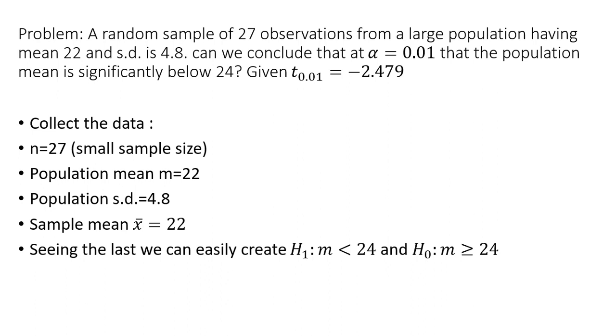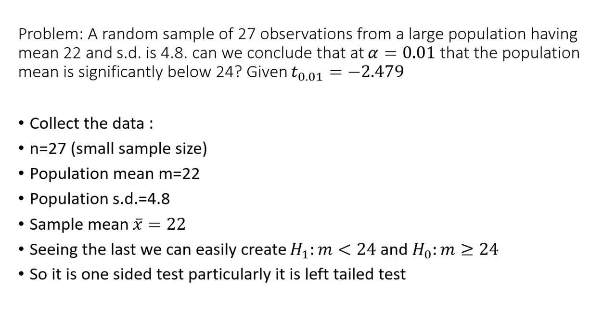So in this way, students are advised to fix the H1 first of all and then fix the H0. Once you have fixed H1 and H0, then the problem will be easy to solve.